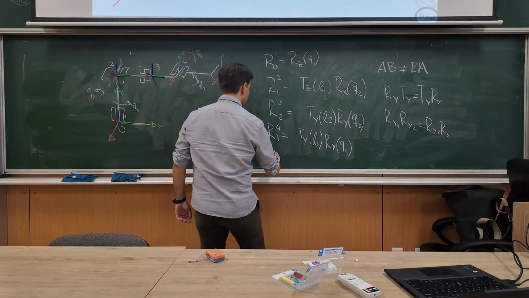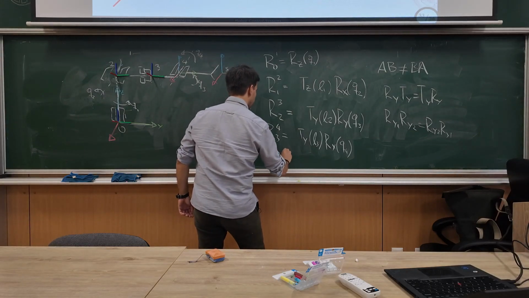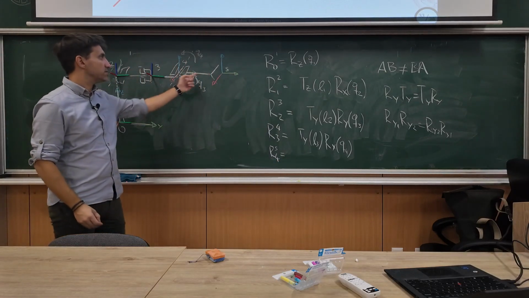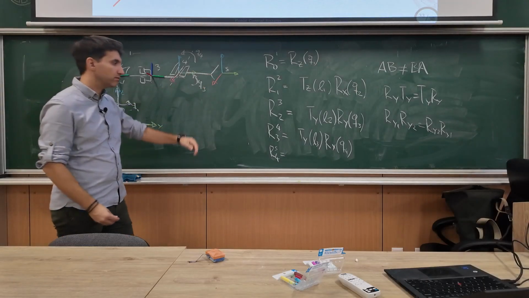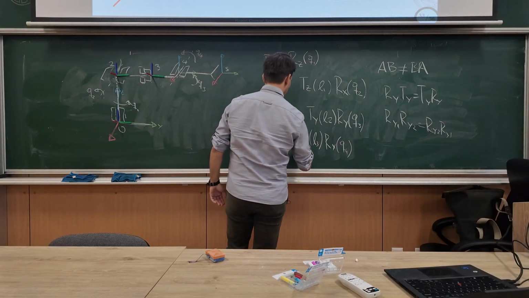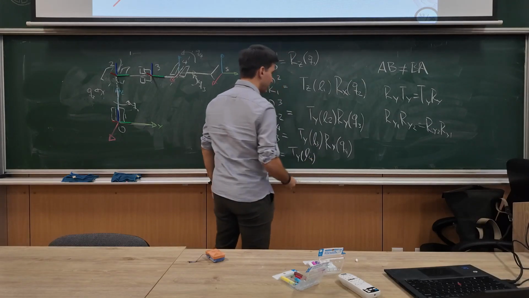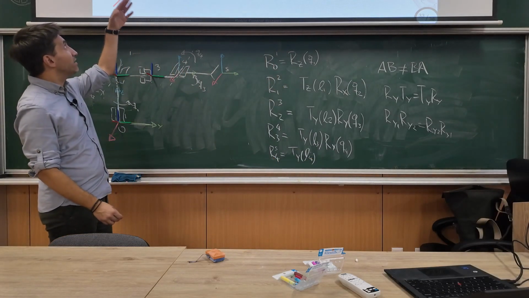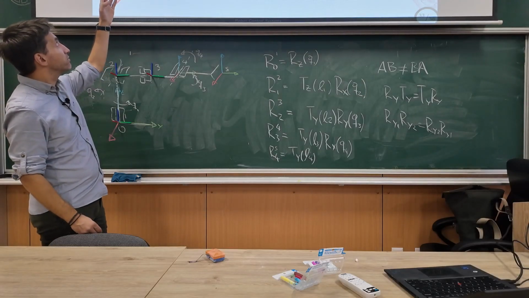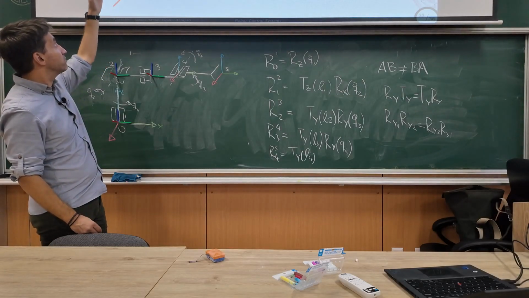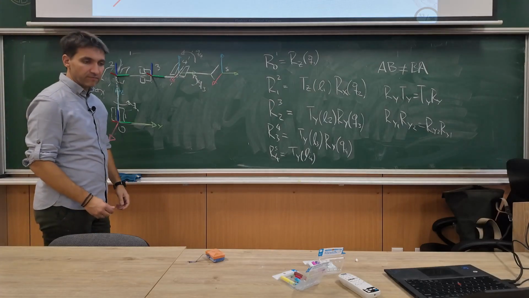And R4,5, it's just a translation on y, right? Ty by L4 or L3. Now there I put L2 for the whole distance from this axis there. Why?